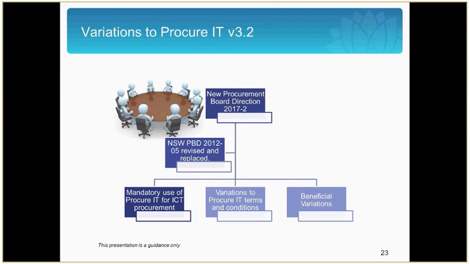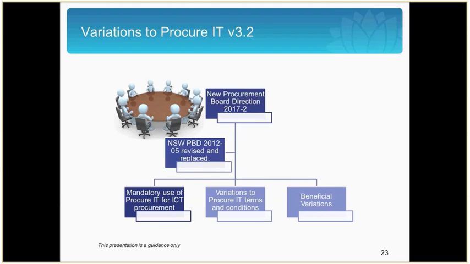Government agencies are required to provide prior notification of beneficial variations to the legal team in the Department of Finance, Services and Innovation. And they need to support that by legal advice. Now, why these changes?